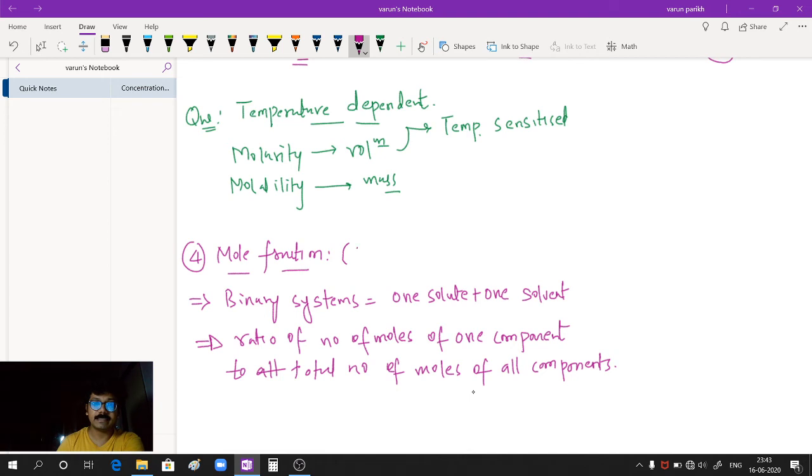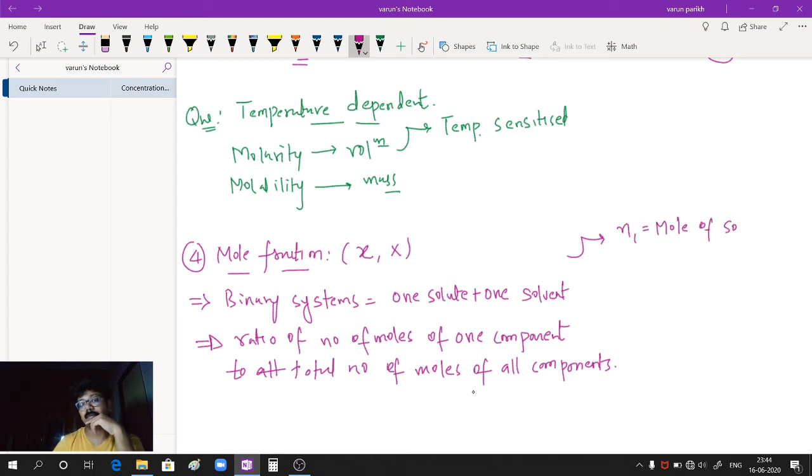It is represented by chi, or we can also say X. So it is nothing but a ratio of number of moles. Let's say the number of moles of solvent is N1, and the number of moles of solute is N2.